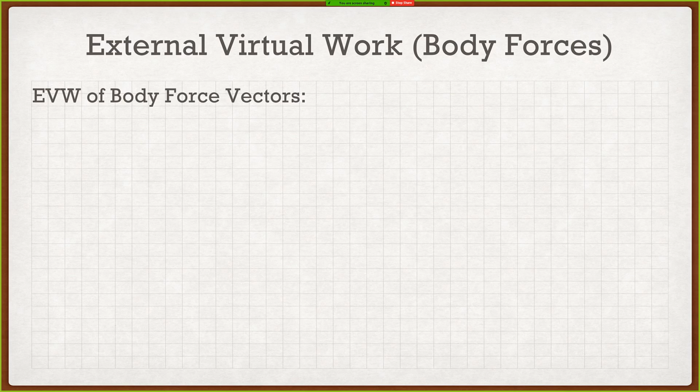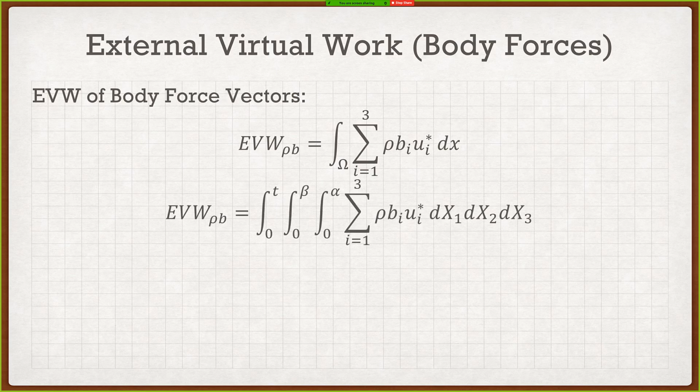If you want to calculate the external virtual work due to body force vectors, we have, again, a nice crazy looking equation where it's the integral over the domain of the summation of rho b_i multiplied by u_i star. Looking at this, I'm thinking, integral over domain, not my cup of tea. Let's try to simplify it into integrals that I know, very defined integrals.